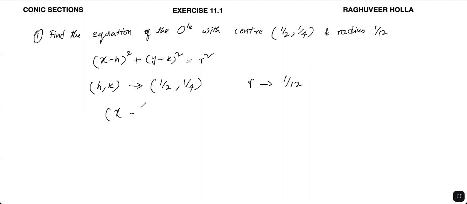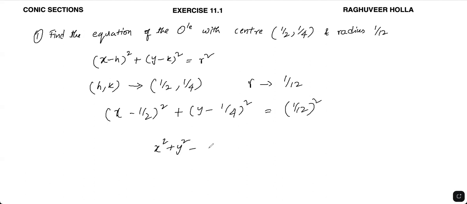So (x - 1/2)² + (y - 1/4)² = (1/12)². When you simplify this, you get the final solution as x² + y² - x - (1/2)y + 44/144 = 0.